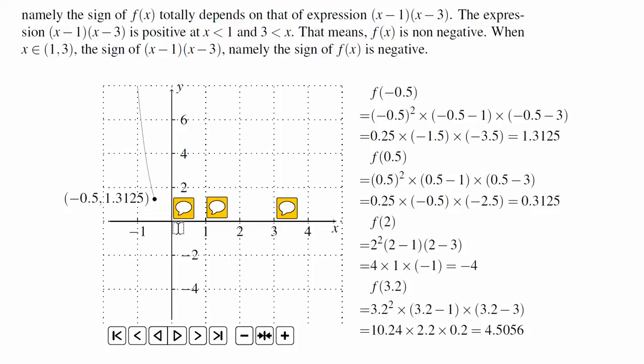Now, on the first one, less than 0, from this point to the left, we have to choose 1 point, negative 0.5.